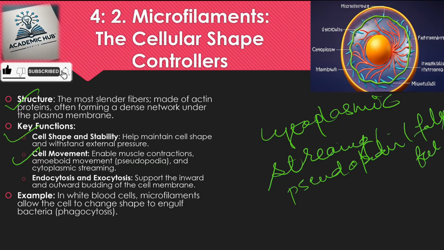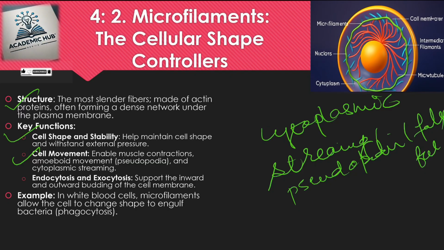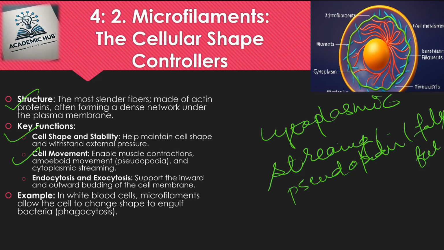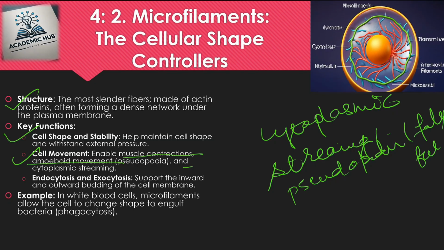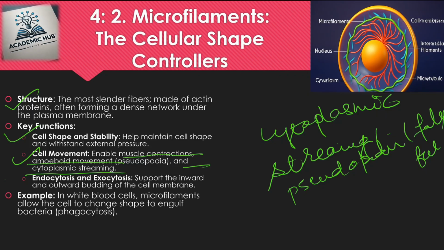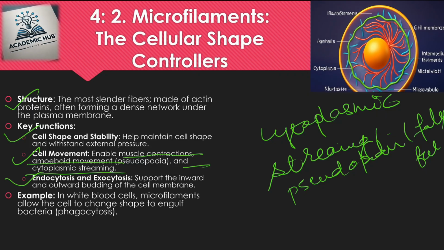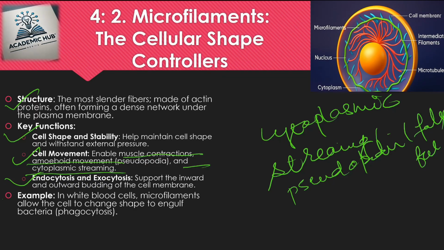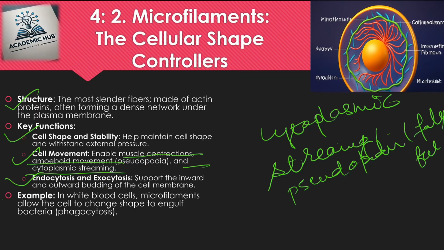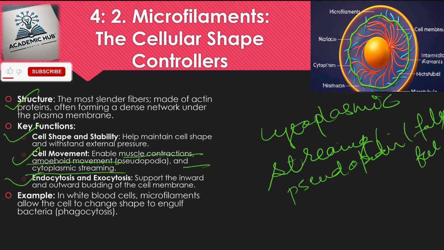So this is the role of microfilaments in cell movement: enabling muscle contraction, amoeboid movements and cytoplasmic streaming. Next are endocytosis and exocytosis. Microfilaments support the inward and outward movement of materials during these essential processes.